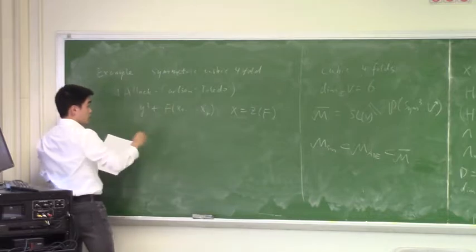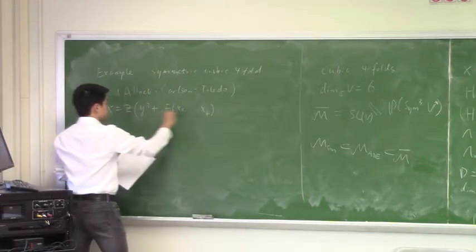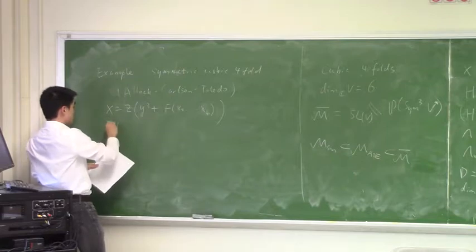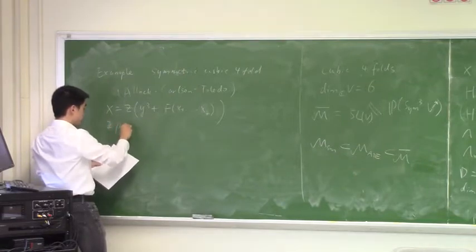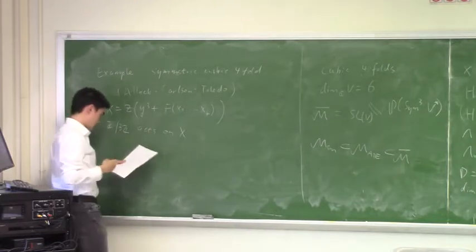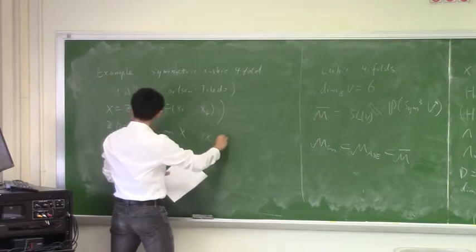Say X. So this cubic fourfold has a symmetry of a cyclic group of order 3, which acts on X. And we take the trivial character.